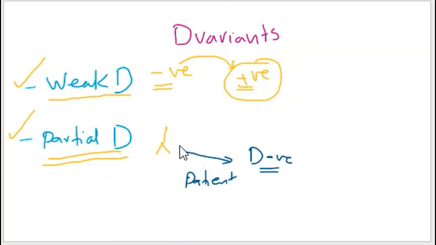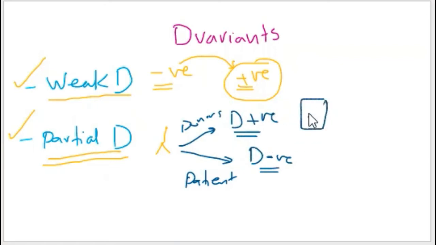However, donors with partial D should be considered as positive, and their units should be labeled as positive. As we said, the patient should be labeled as negative because they may be sensitized when they receive normal D blood. However, both weak D and partial D are a very, very small proportion of the positive people.